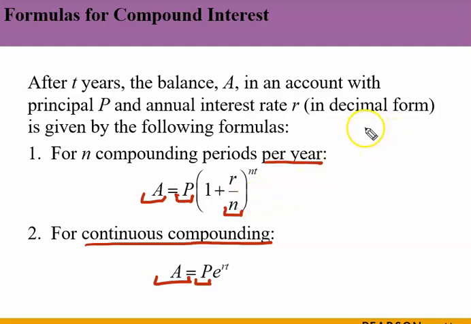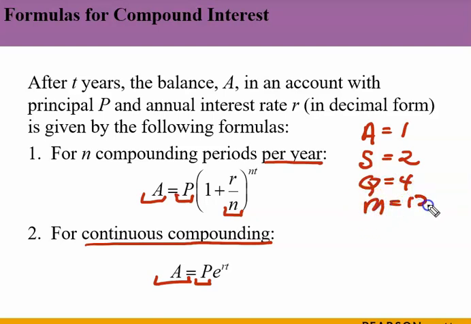So if it's annually, that would be once. Semi-annually, that would be twice. Quarterly, that would be 4 times. Monthly, that would be 12 times. Then we have daily, which would be 365.